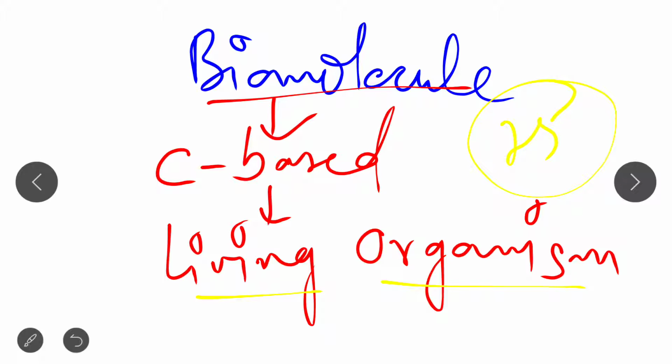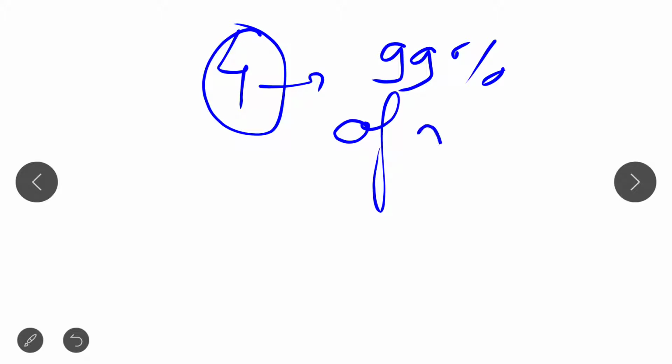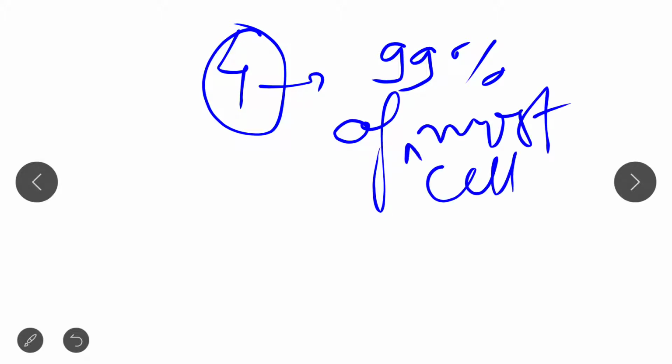More than 25 chemical elements are found in biomolecules, but there are 4 major elements which make up about 99% of the mass of most cells.